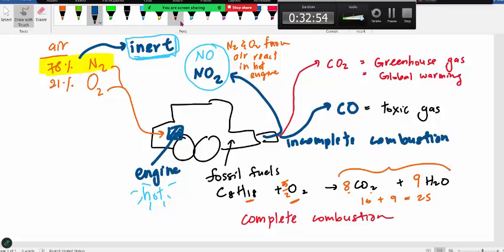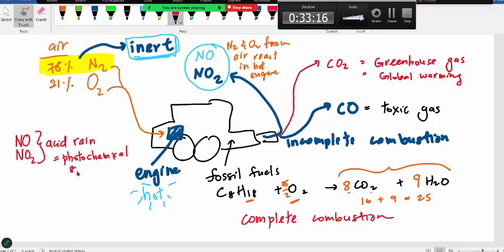So this one is acidic. So nitrogen oxide, nitrogen monoxide, causes acid rain. And another problem it causes is photochemical smog.